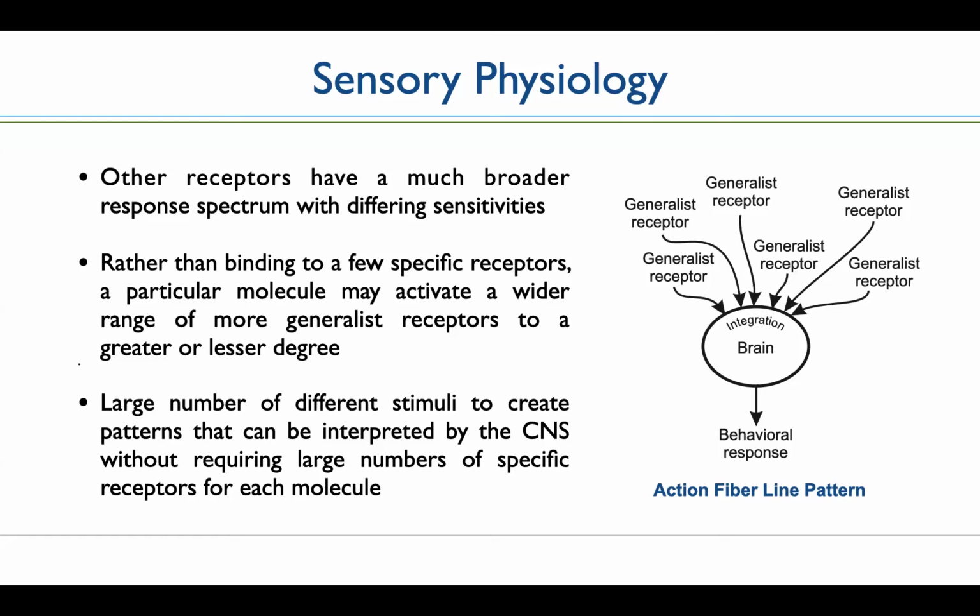So a large number of different stimuli at the same time will create these across fiber line patterns, where it requires multiple receptors being activated at the same time to be able to elicit one response. So when I say generalist receptor here, it's usually not one molecule. Each one of those receptors are taking a blend of molecules to be able to facilitate that behavioral response.